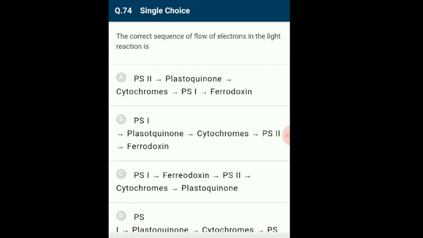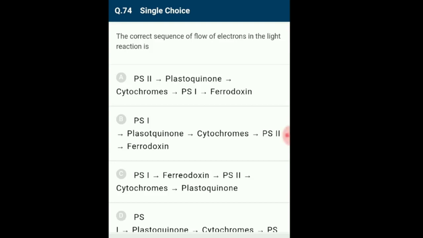Question number 74. The correct sequence of flow of electrons. The light reaction occurs in the grana of the chloroplast, in which light energy causes excitation of electrons, which then pass through different carriers that result in the generation of ATP. This process is known as photophosphorylation. In non-cyclic photophosphorylation, electrons excited from PS2 are passed to plastocyanin via pheophytin, then through cytochromes to PS1.